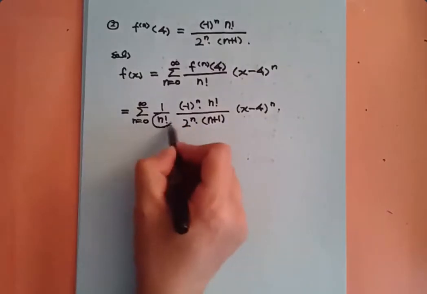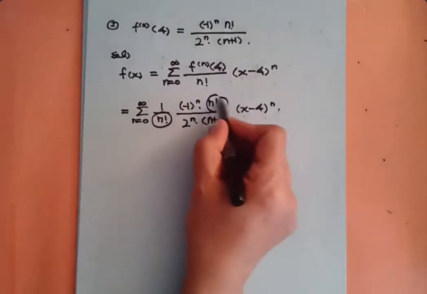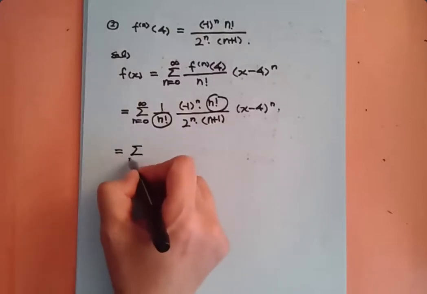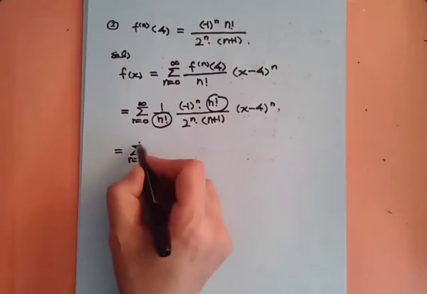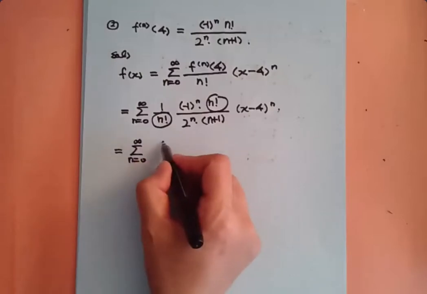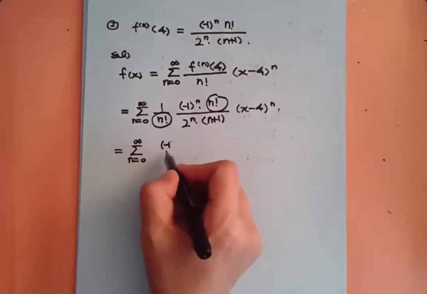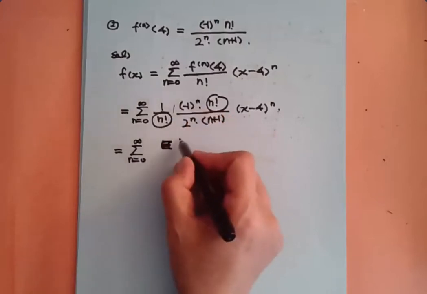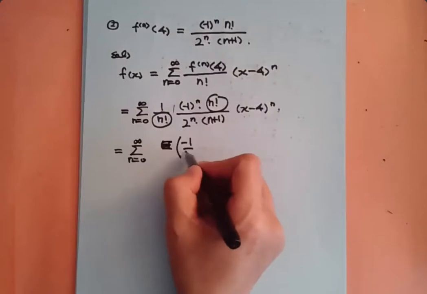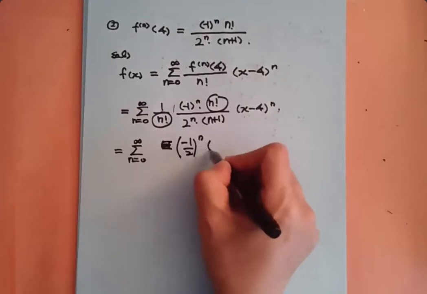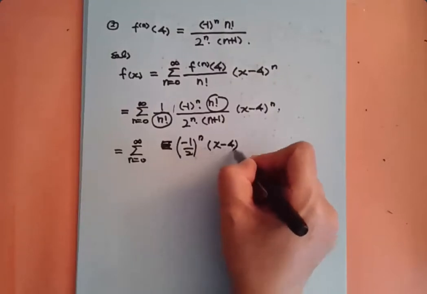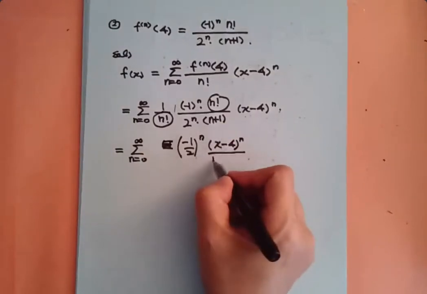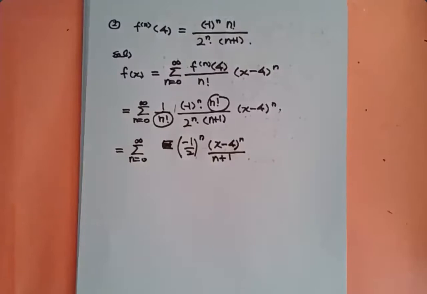So this n factorial and this n factorial will cancel each other. So we have n equals 0 to infinity minus 1. Maybe it is better to combine these. Then that becomes -1 over 2 to the n power times x minus 4 to the n power, but there was n plus 1 in the denominator.